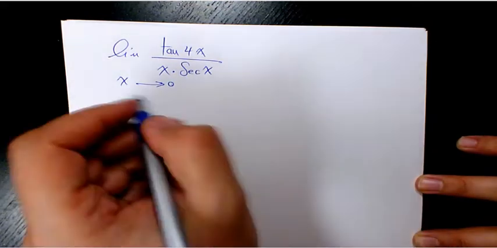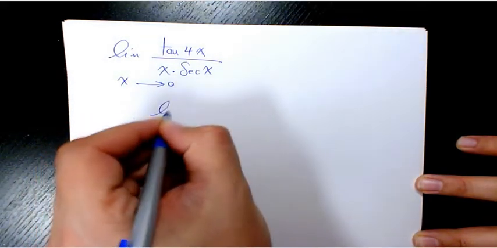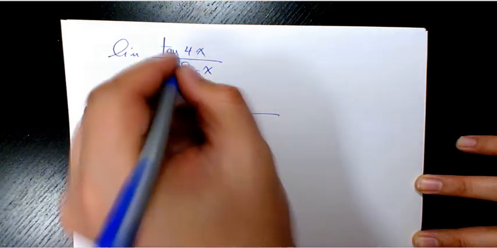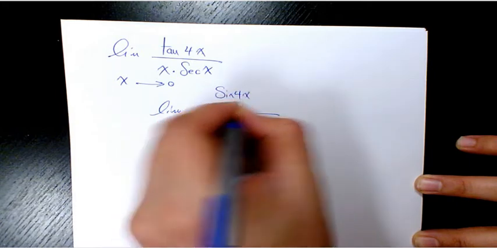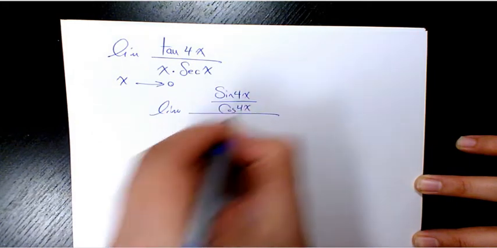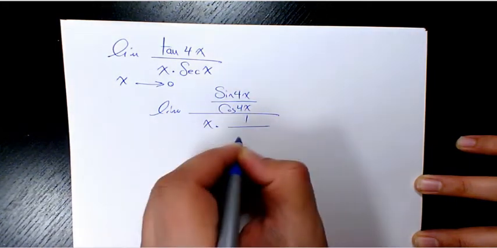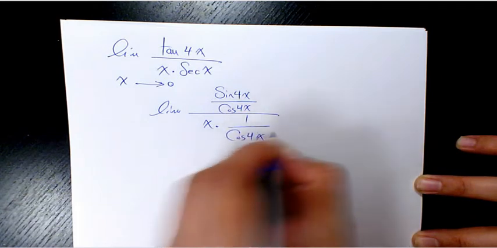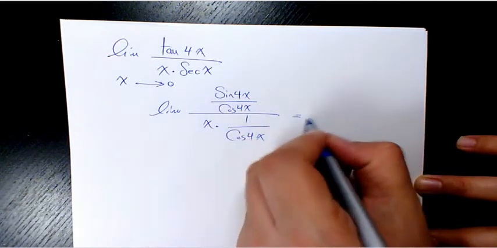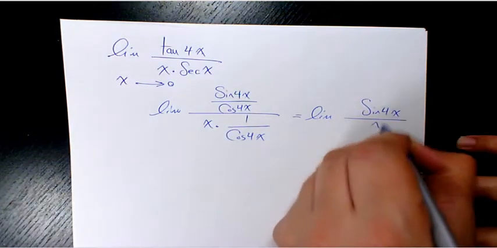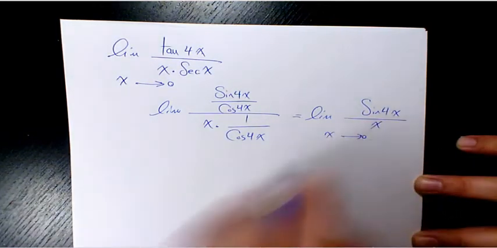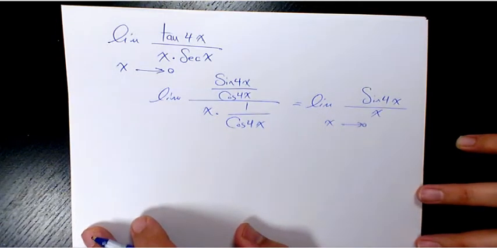That's going to be the limit of sine 4x over cosine 4x, times x times 1 over cosine 4x. This cancels out. It is going to be the limit of sine 4x over x when x is approaching 0.